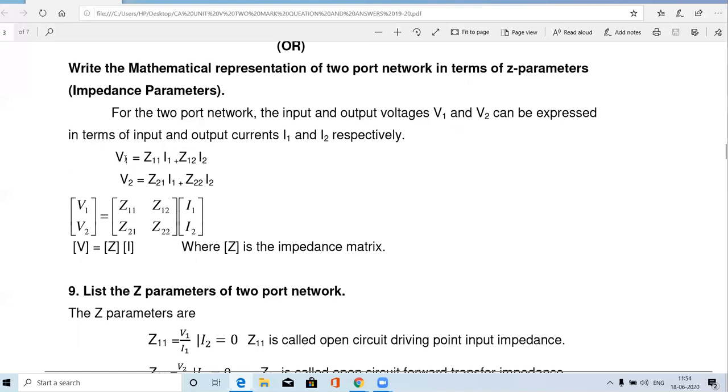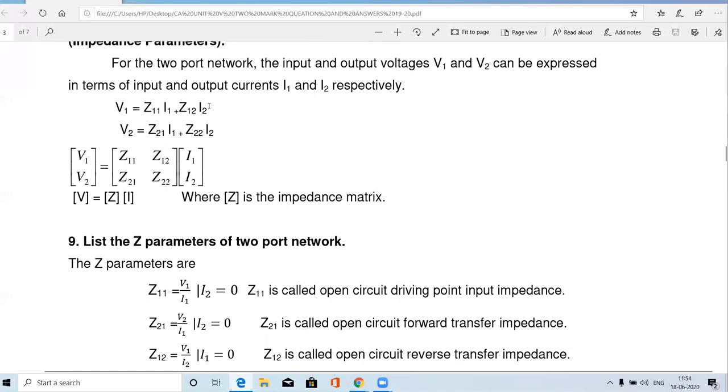The input voltage V1 can be expressed as Z11 into I1 plus Z12 into I2. Similarly, the output voltage V2 can be written as Z21 into I1 plus Z22 into I2. This is called the Z parameter equation.